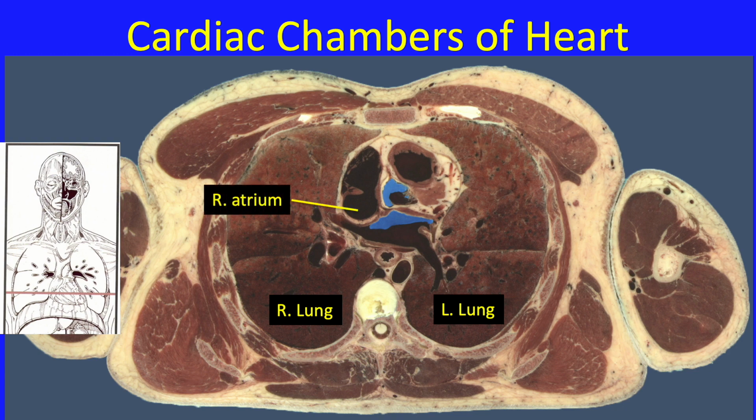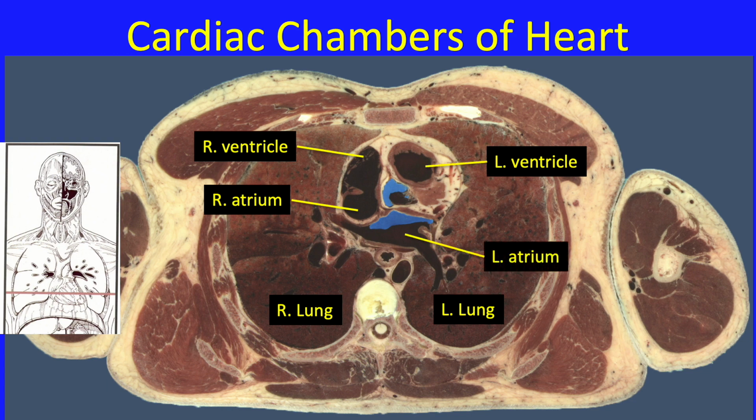The right atrium gives rise to the right border. The right ventricle is anteriorly positioned. The left ventricle makes up the left border, and the left atrium makes up the posterior border. The interventricular septum separates the right and left ventricles.